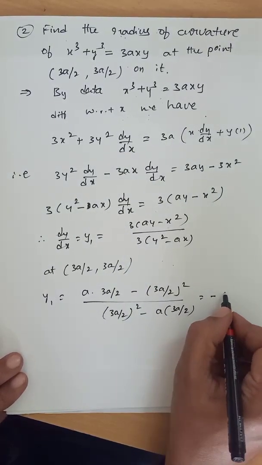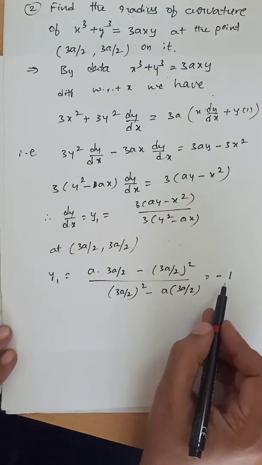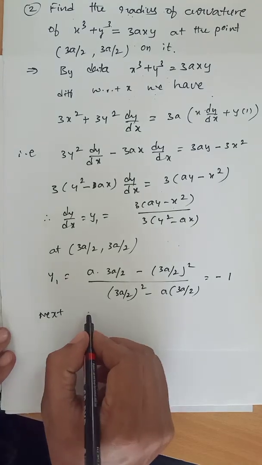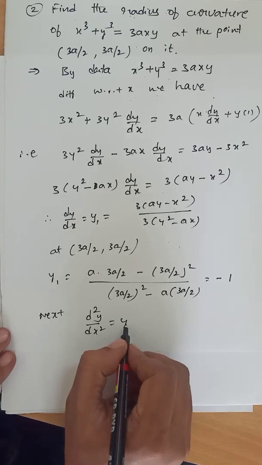Simplifying you will get minus 1. So first derivative we get y1. Next we find d square y by dx square, that is y2.